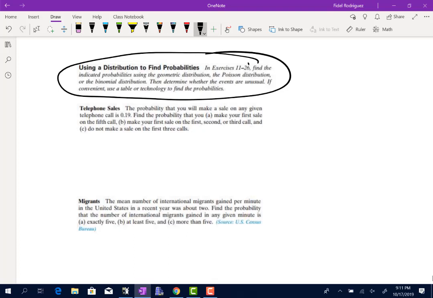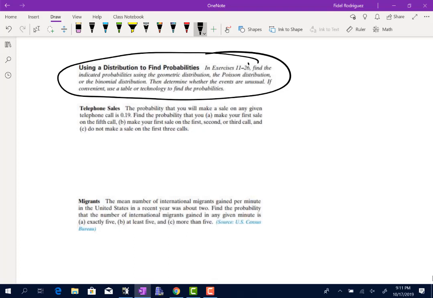So guys, if you look back at your notes from what we were doing earlier today, I'm going to switch back over here so we can see this. Okay, look at what a geometric says. A trial is repeated until what? Until a success occurs, right?